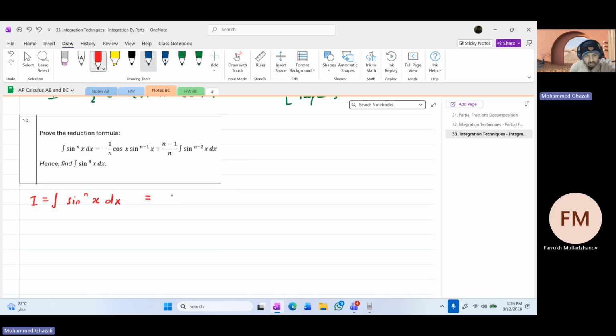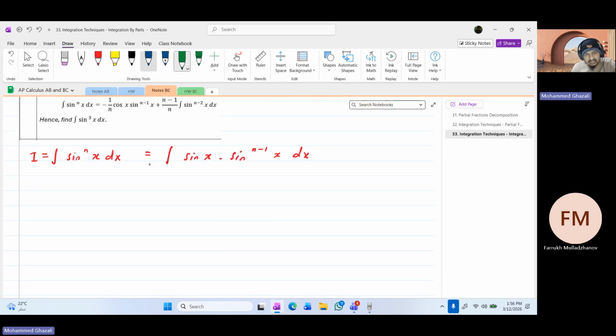So you're going to say integral of sine x times sine of n minus 1 x dx. Now, why did we do this? Because if you add the powers of sine x and sine n minus 1, that is 1 plus n minus 1, you get back to n. It's like breaking up sine cubed x into sine x times sine squared.